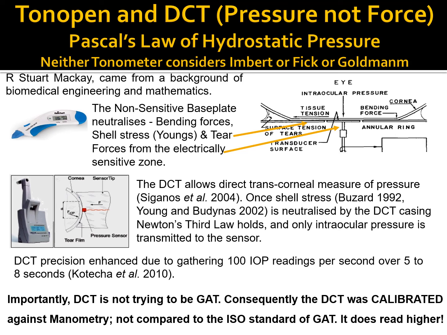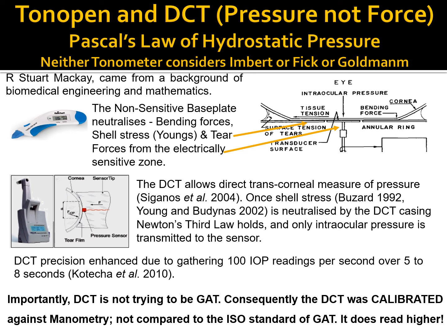Once shell stress is neutralized by the DCT casing, Newton's third law holds, and only intraocular pressure is transmitted to the sensor. And the DCT also, back to what we said about an upgrade on technology, its precision is enhanced due to gathering 100 IOP readings per second over 5 to 8 seconds. So, if there's an upgrade on GAT, you'd have to say this is the baby.